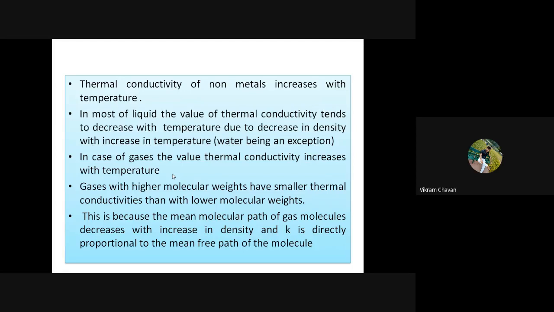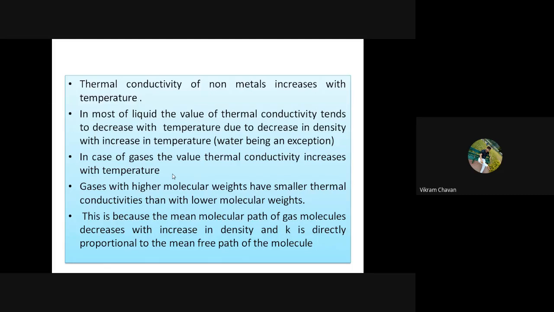In the case of lower molecular weight gases, what will happen? The collision rate is very high, or we can say the mean free path, the distance traveled between two collisions, is greater in lower molecular weight gases. So gases with higher molecular weight have smaller thermal conductivity than those with lower molecular weight.